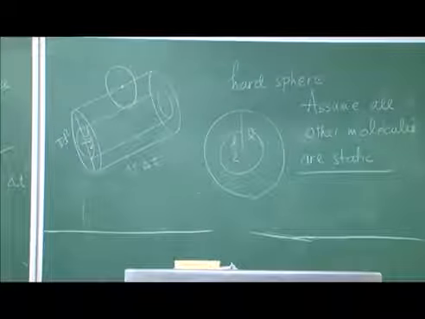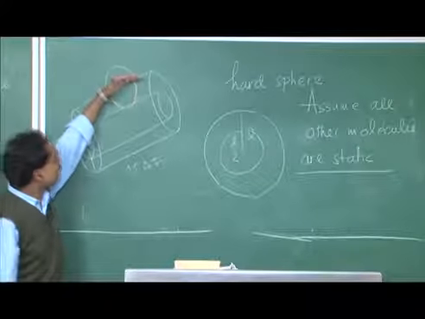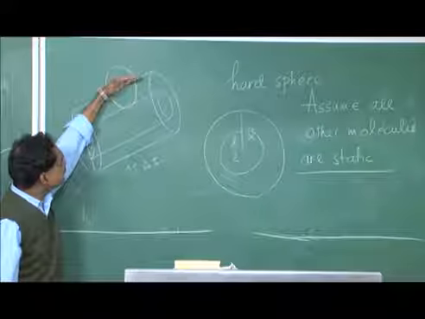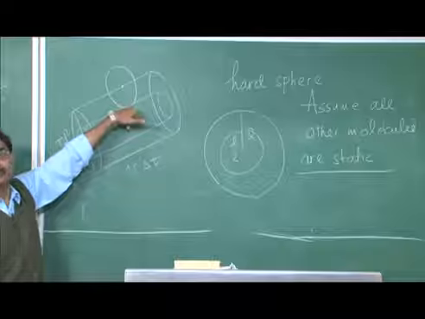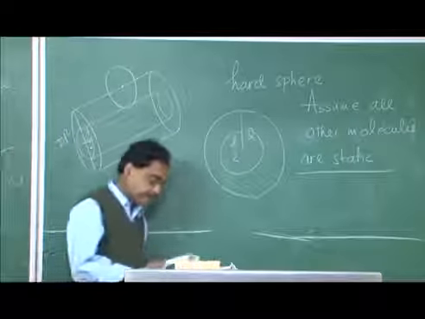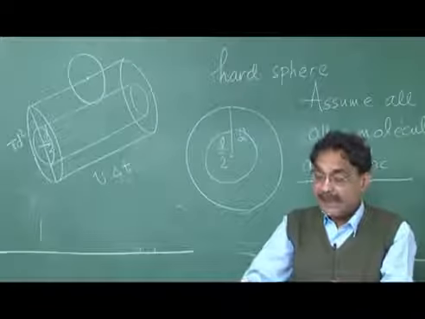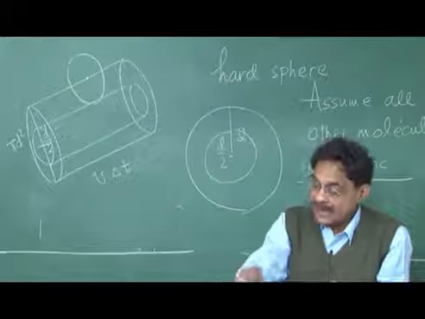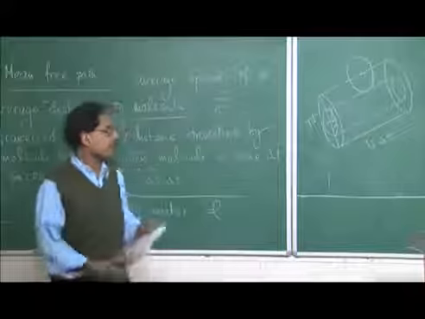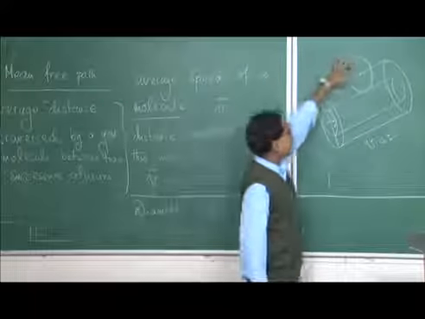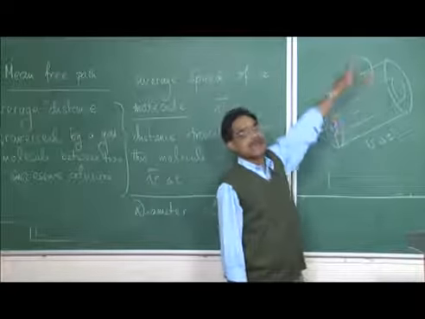If its center lies inside, or at most on this cylinder, there will be a collision. That tells me the number of collisions that the target molecule, which is moving, will have. Other molecules are static. Whenever any one's center lies here or inside, there will be a collision.